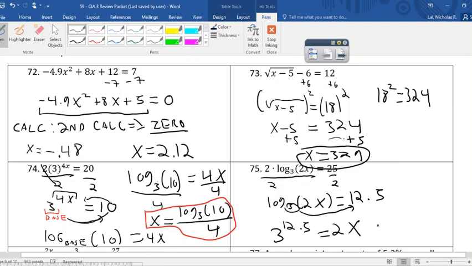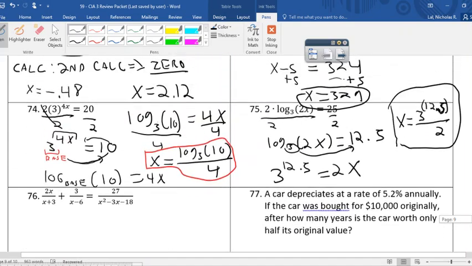So x is equal to 3 to the 12.5 power, all divided by 2. Wow, that's a big number. So that's 75.